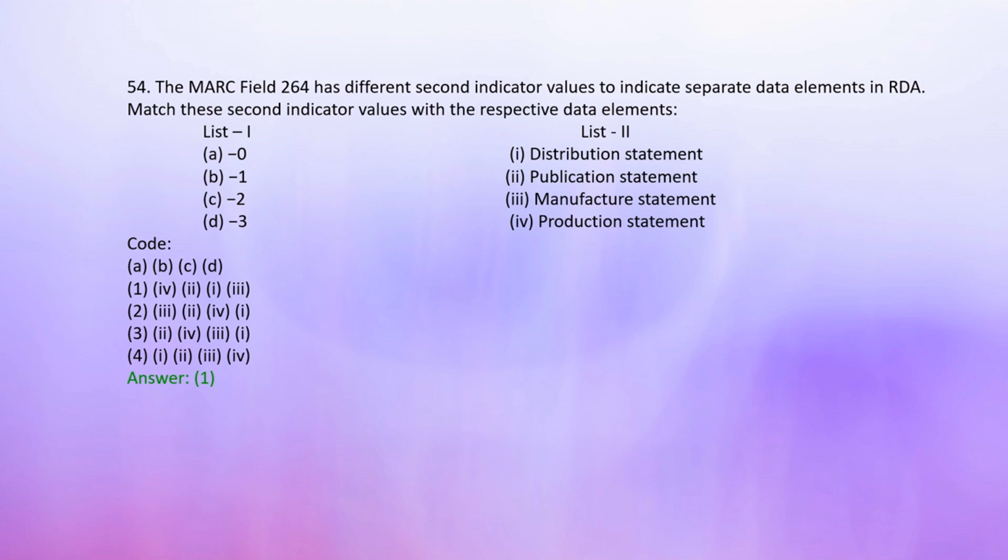Correct answer is number 1, means A 0 goes on production statement, B 1 goes on publication statement, C 2 goes on distribution statement, and D 3 goes on manufacture statement.